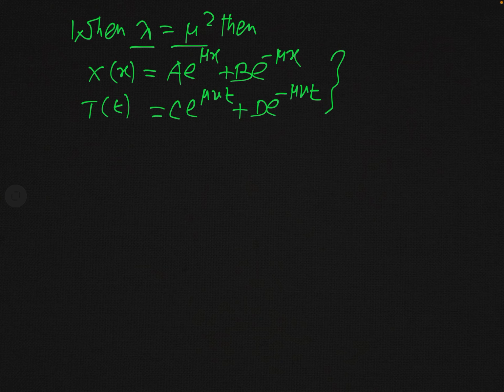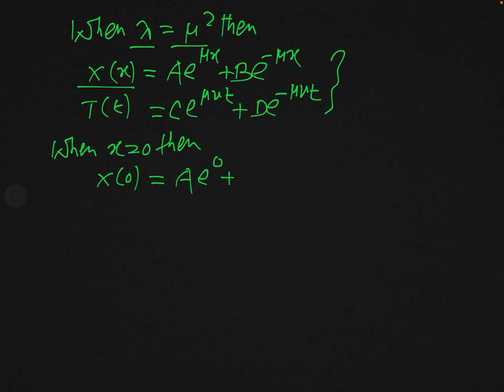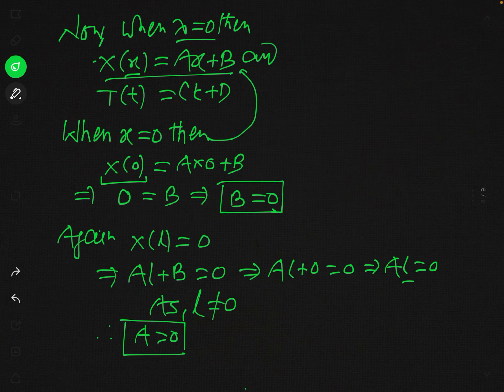So now let us see when x is equal to 0. When x is equal to 0, then from this equation, X of 0 equals A e to the power 0 plus B e to the power 0, and this will be simply equal to A plus B. But you know that X of 0 is equal to 0, as you have seen here.